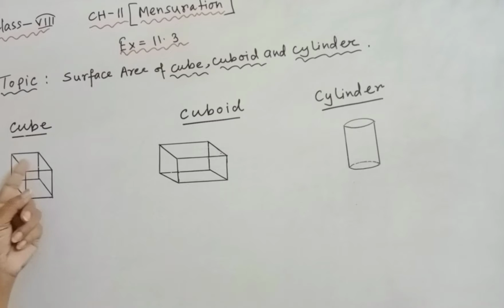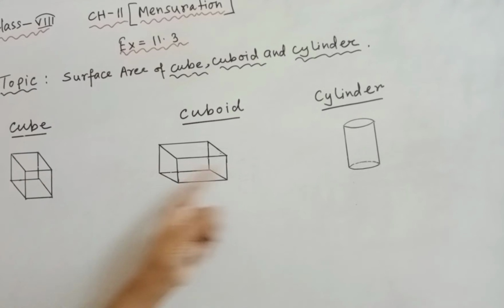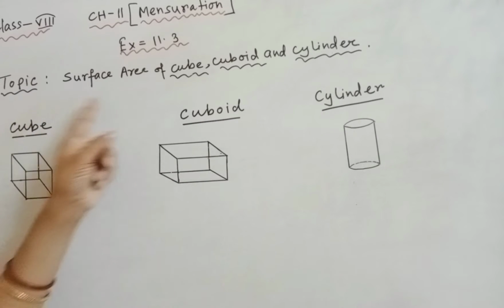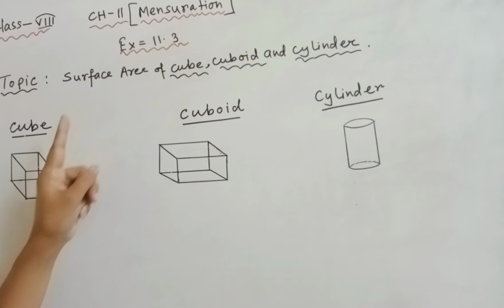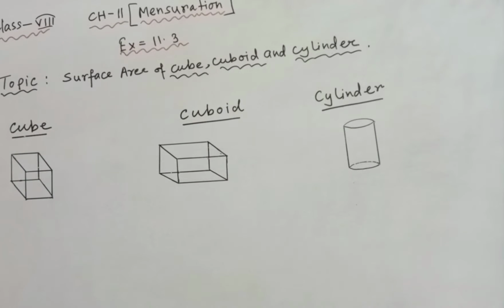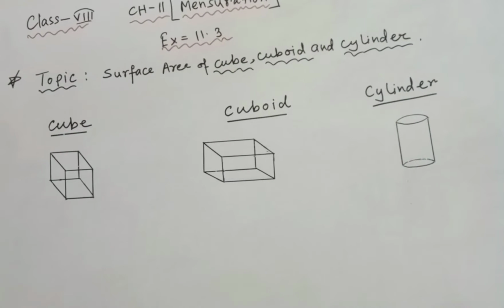Now in these three kinds of shapes where we have to find the surface area, see the diagram of the cube.